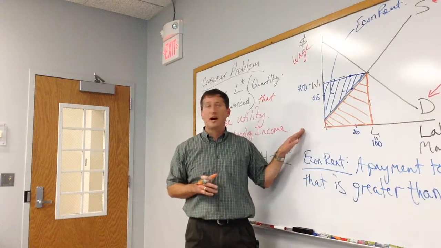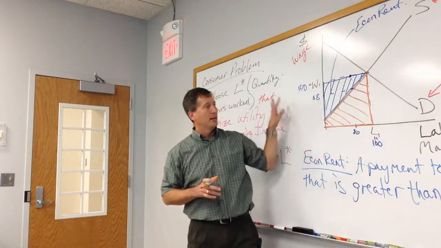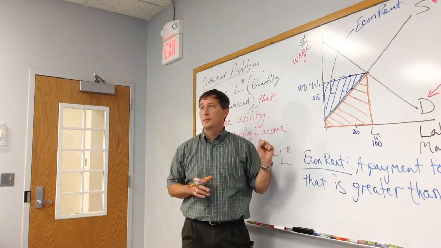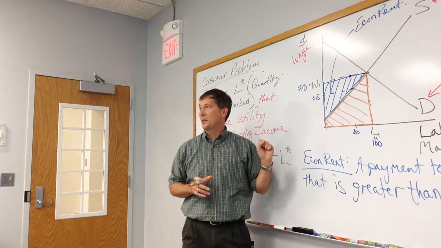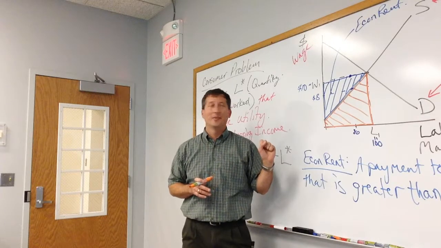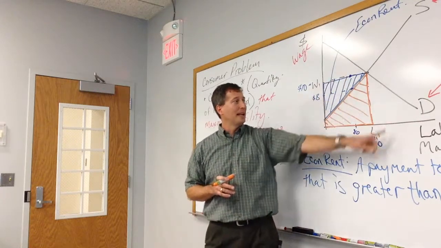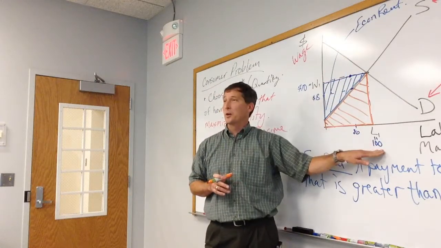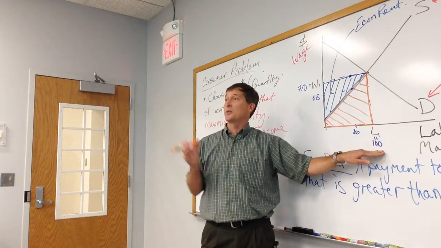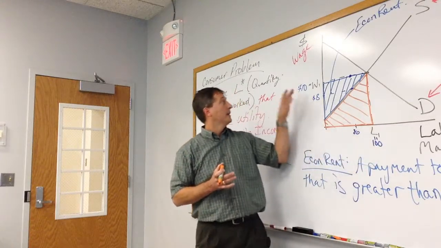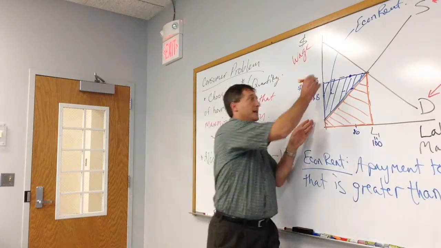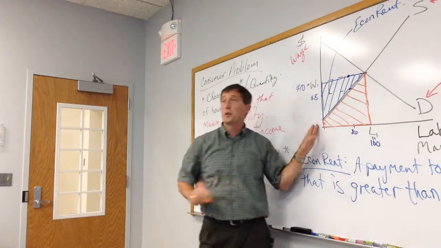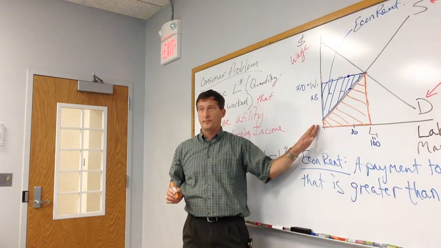What's our labor cost for this company now if we're hiring 100 people? Who's got their little math calculator brain on here? How much is the company spending? If this is the equilibrium, we have 100 workers. What's the total labor cost? $1,000, right? 100 times $10. The area of the blue plus the orange is the total labor cost. It's $1,000 per hour.